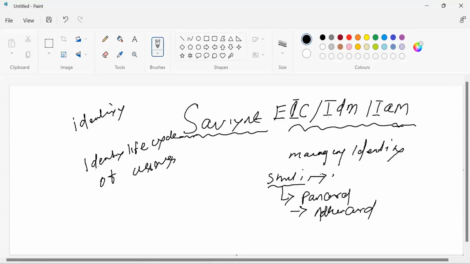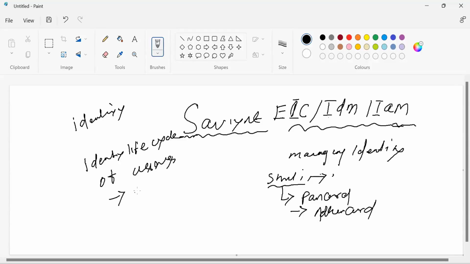When I talk about managing the identity life cycle of users, various scenarios come into the picture. What is the identity life cycle of a user?